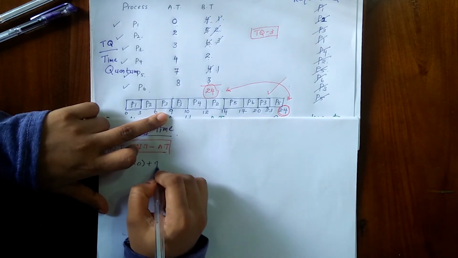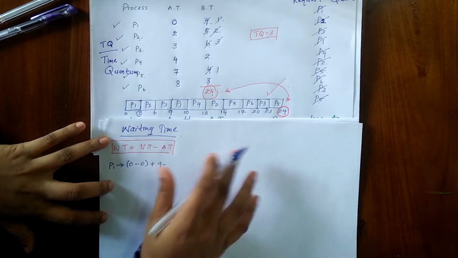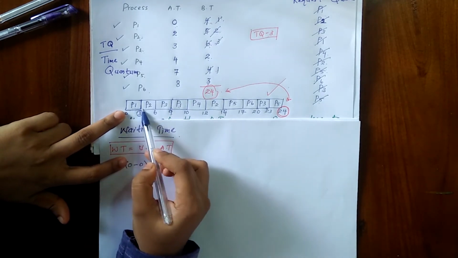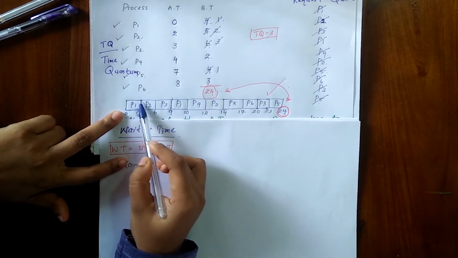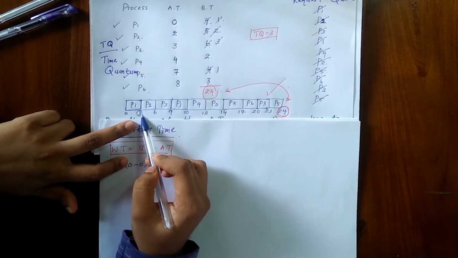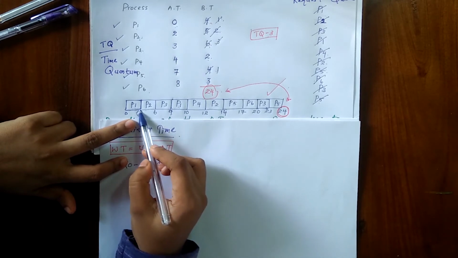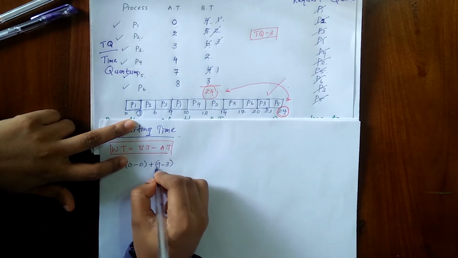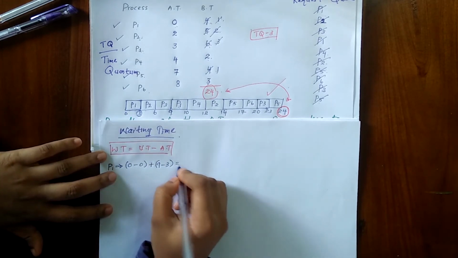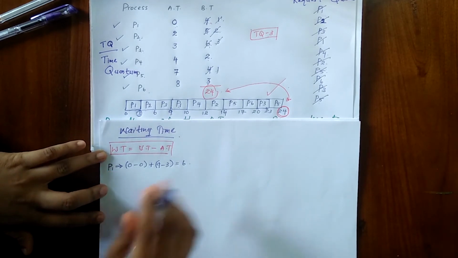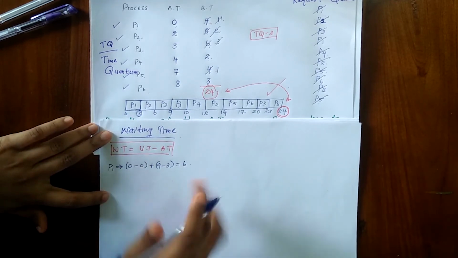It is 9. 9 minus, then you have to go to the first P1 and its right side value. So it is 3 here. So you have to write 9 minus 3. Right. So now let's get the total answer. It is 6. I think you understood that.